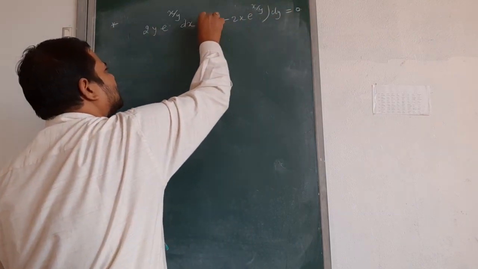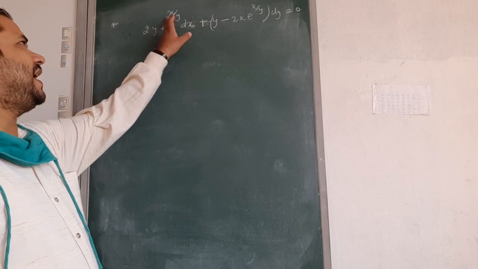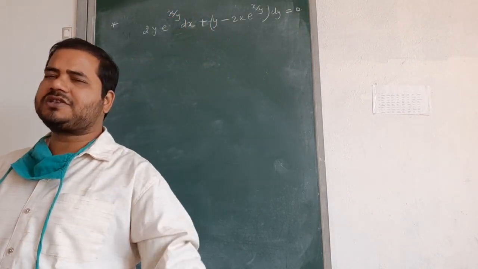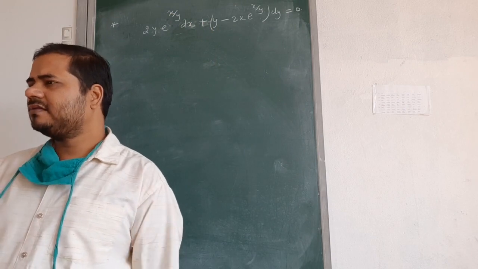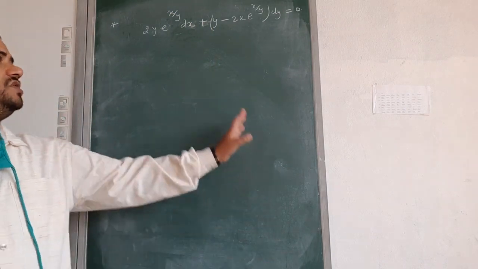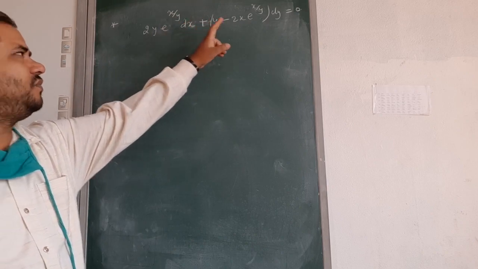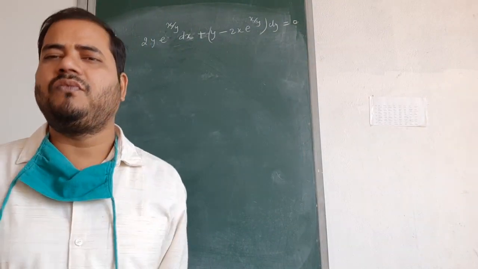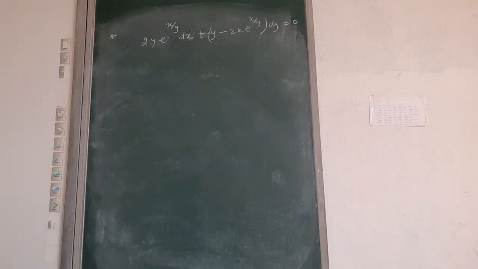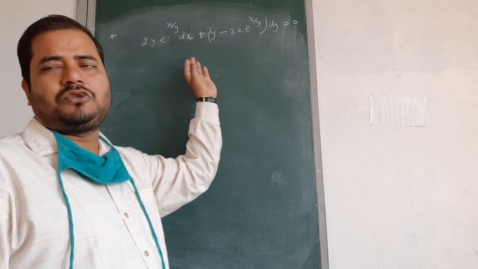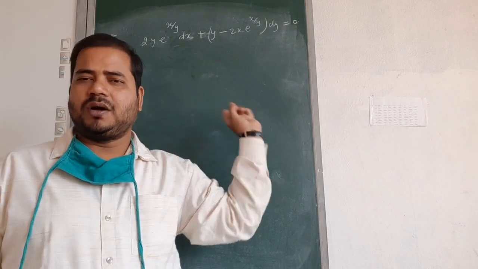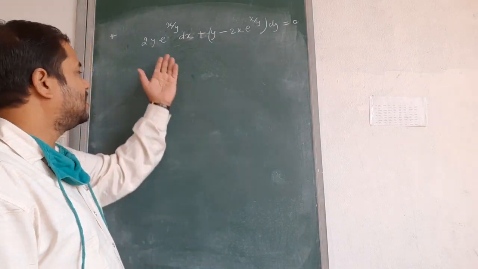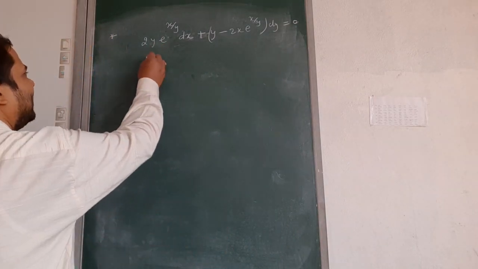See, if this is y by x and you put y by x is equal to v, then the solution is so tough. So you just see from here, if it is x upon y, then you take the substitution x upon y is equal to v. As we told, there are two types of differential equations: in the first one y by x is equal to v, in the second one x upon y is equal to v. So the second one is of this form.